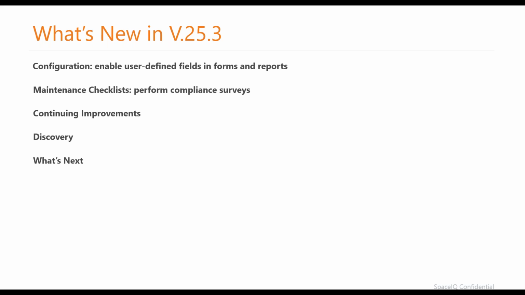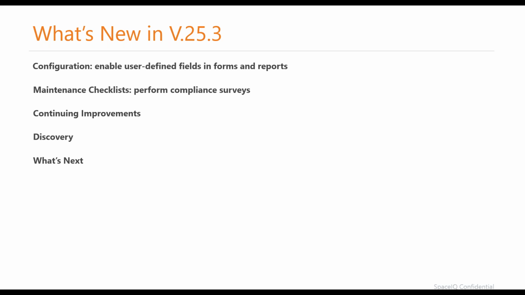What we'll talk about today are mostly the two new features in user-defined fields and maintenance checklists. I'll then talk a little bit about continuing improvements that we've done for 25.3.